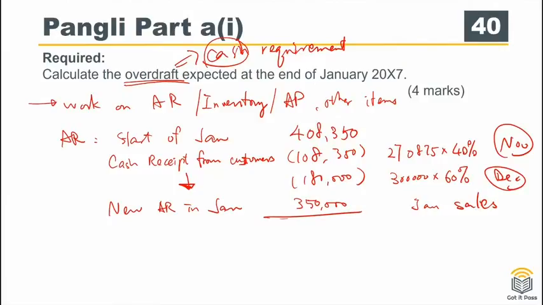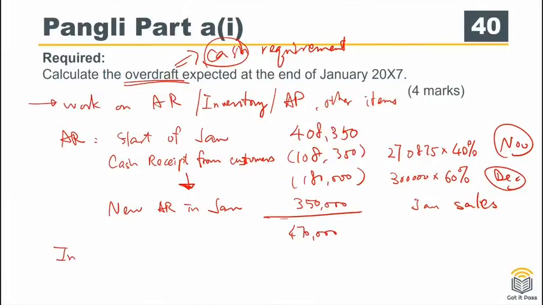So you sum them up, and you can get the balance by the end of January, $470,000. So that's the AR balance, and we move to the next, the inventory.